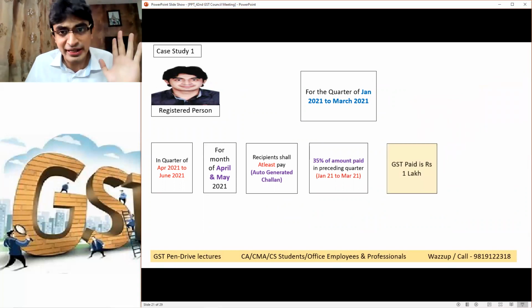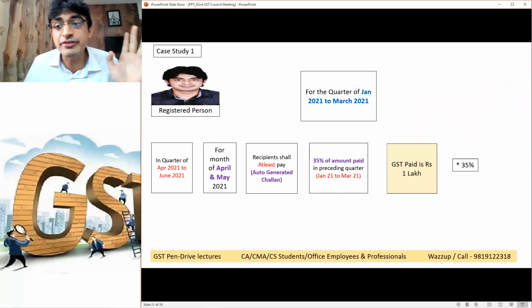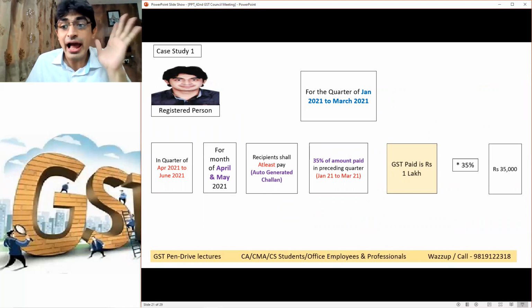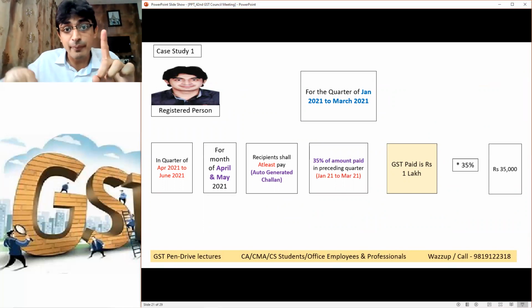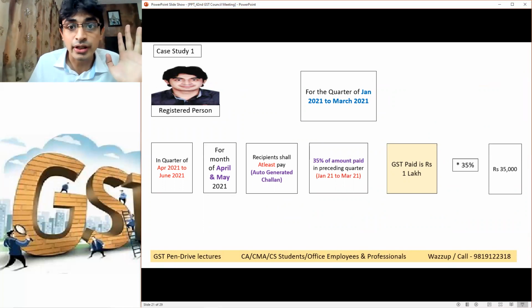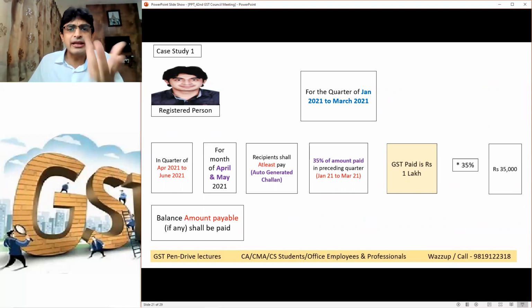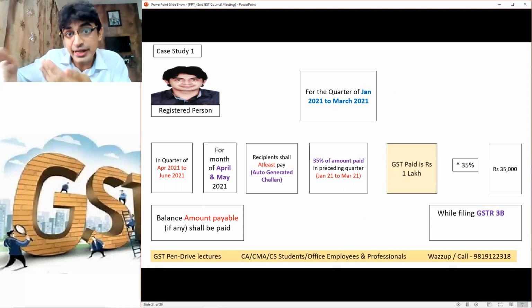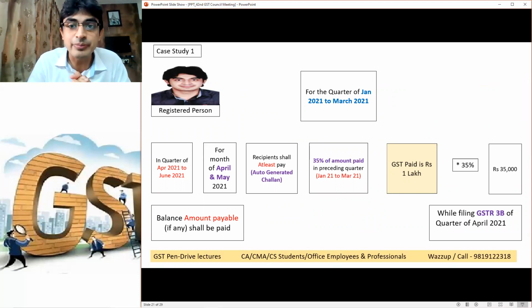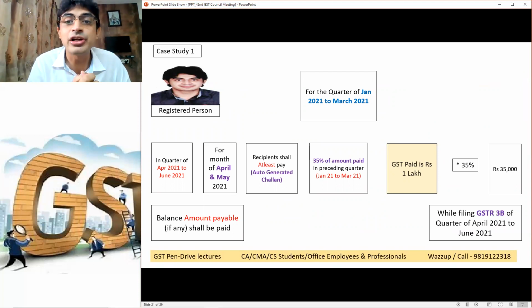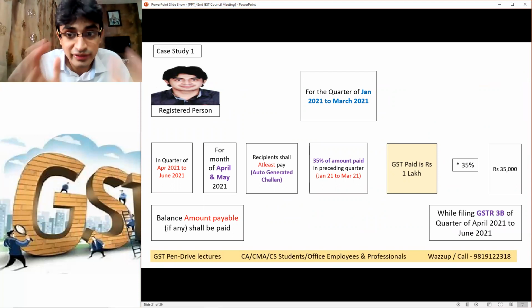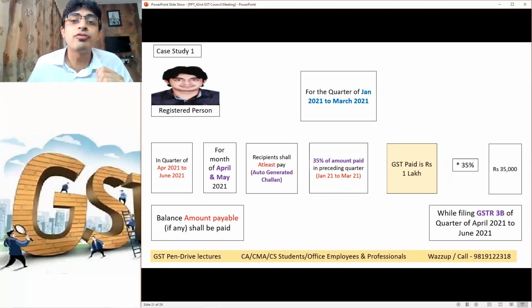How much had I paid? 1 lakh. For that, 35% minimum. I will have to pay rupees 35,000 in the month of April and May. And balance amount payable, if any, shall be paid when I file GSTR 3B of the quarter of April 21 to June 21. This is what they are planning.